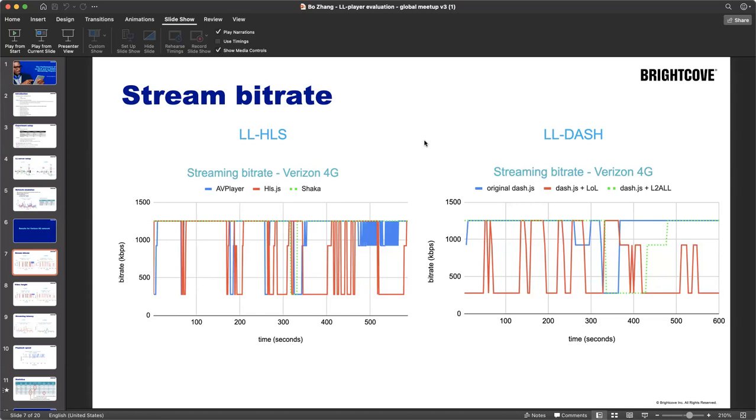They maintain a high bitrate for most of the time during the 10-minute session, but HLS.js was struggling at lower bitrate sometimes in the middle of the session. And for DASH, the original Dash.js and Dash.js plus L2A-LL, they maintain a good bitrate throughout the session, while the LoL variant was playing at lower bitrate.